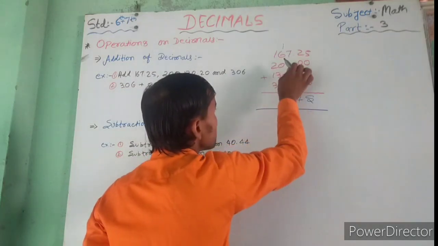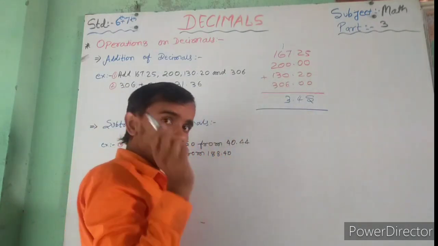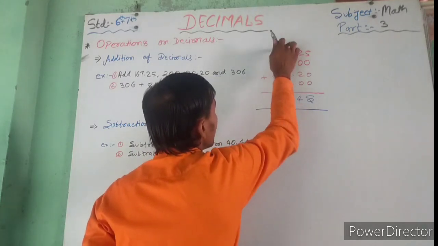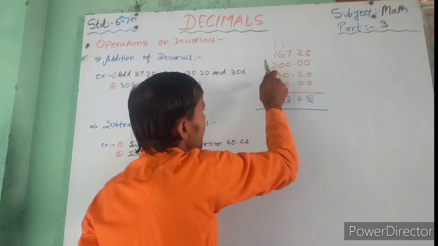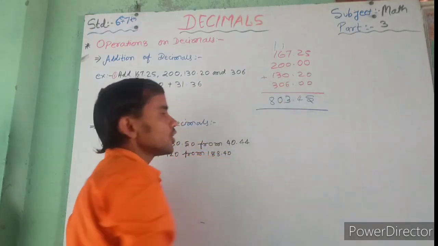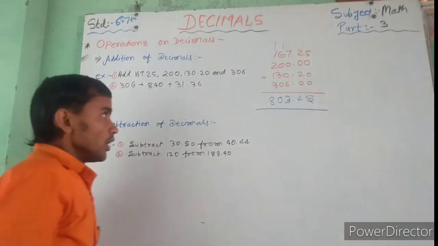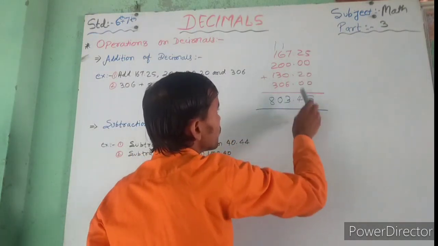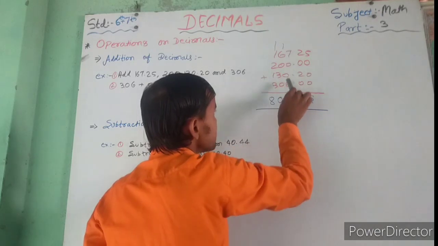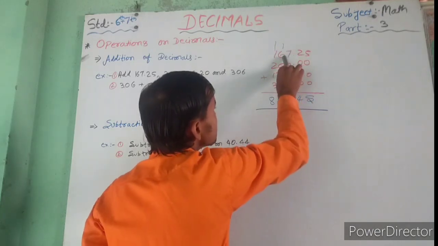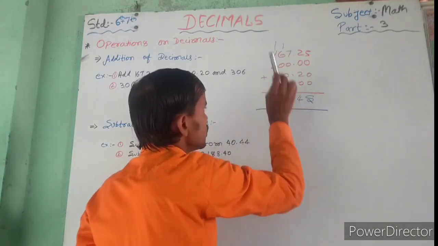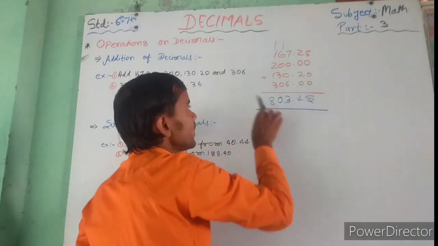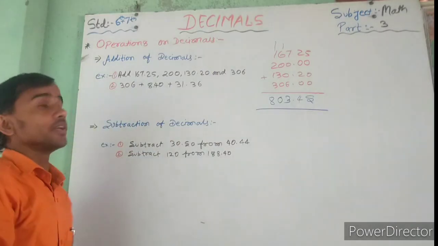Next 1, 6, 7: 7 and 3 is 10, write 0, carry 1. Next 1, 1, 1, 2, 2, 4, 1, 5, and 3, 8. That's the addition of decimals.